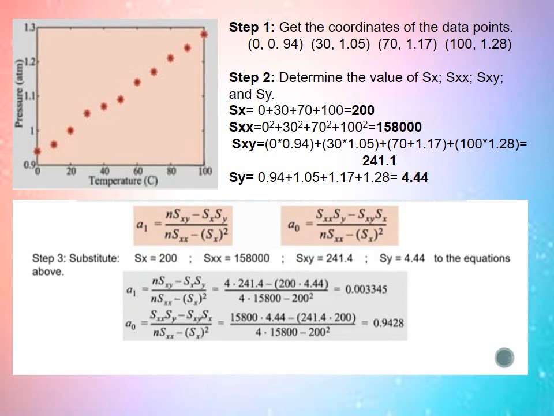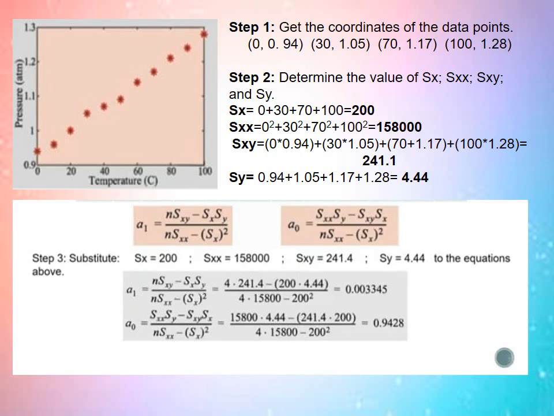And lastly, Sy is simply the summation of all y values: 0.94 plus 1.05 plus 1 plus 1.17 plus 1.28 equals 4.44.